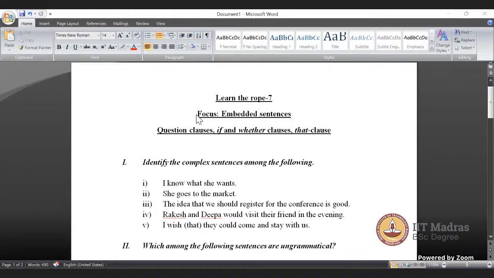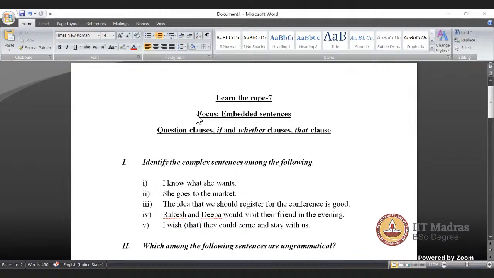What makes you think that this is a complex sentence? Like, the idea that... Okay. So you think this is a complex subject. So you think it makes the sentence a complex sentence too. Is that what you're trying to tell me? Yes, ma'am. Okay. So keep this in mind.